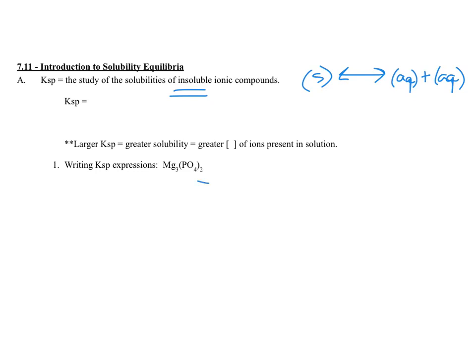It's going to be products over reactants, but the difference is when we're dealing with Ksp versus Kc or Kp, remember that we don't include solids in our equilibrium expression. And for Ksp, our reactants are always going to be solids, so those reactants are not going to show up in our K expression. We're just going to have our concentration of products to deal with.